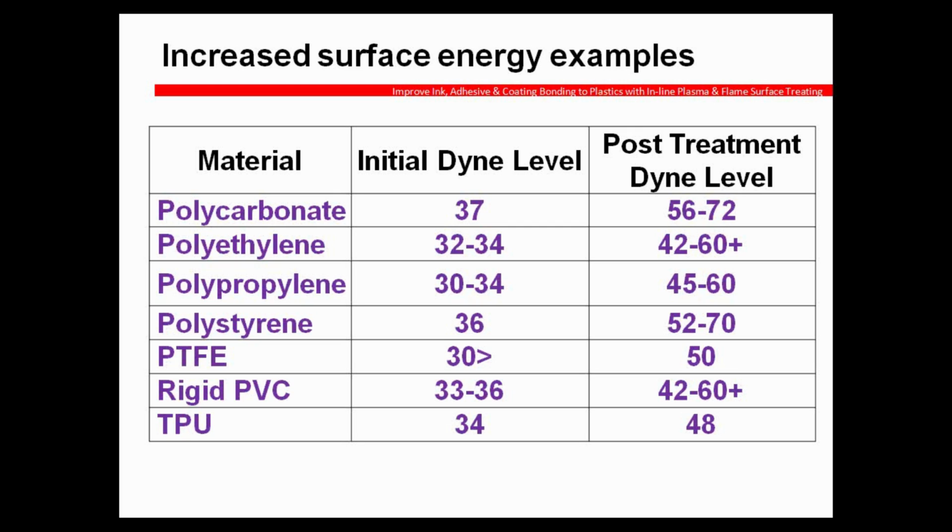If you had a polycarbonate material you wanted to treat, I wouldn't say you'd get a 56 dyne guaranteed. That's why we have a range, and we'll talk a little more about that at the end. As you look at the ranges of surface energy levels here, it does depend on where we get it and what type of system we use to treat it. We'd love to give you an exact number, but there are a lot of pieces that come into play here.